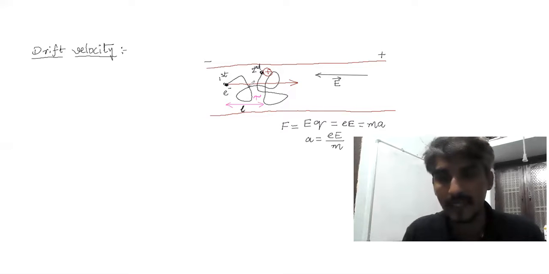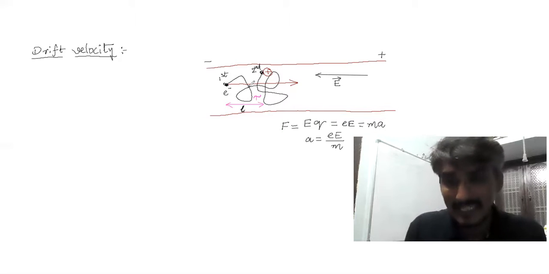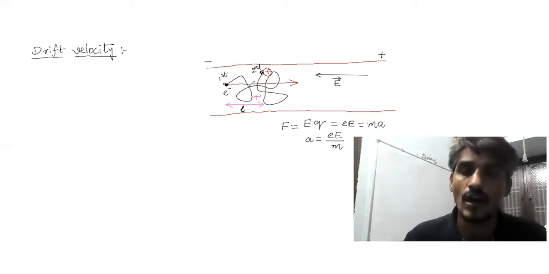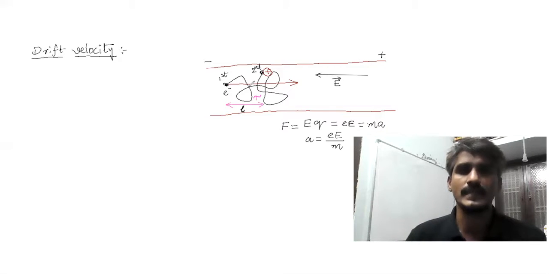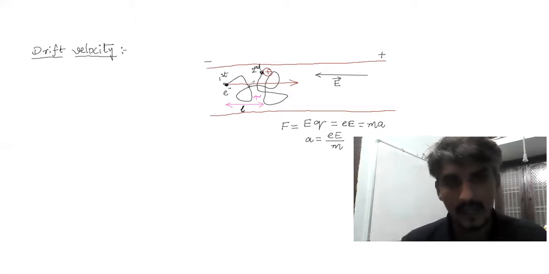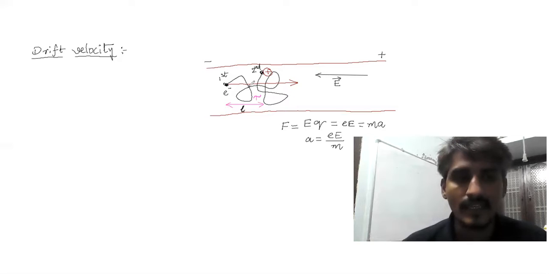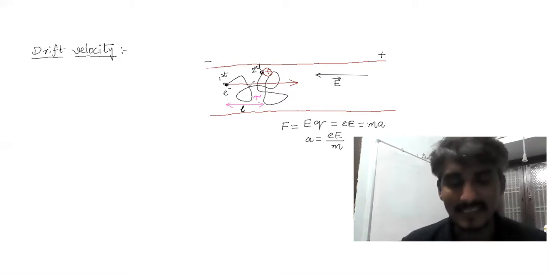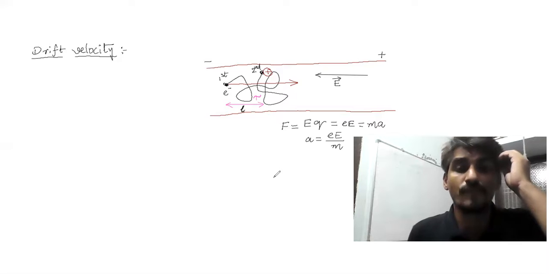It has a certain target. It has to go from negative to positive, opposite to the electric field. Got my point? So that average velocity is called the drift velocity, and this type of motion is called drift motion.